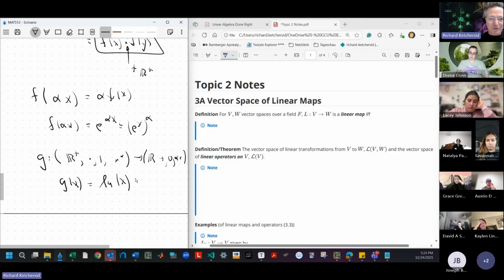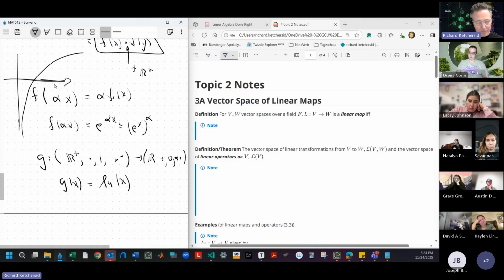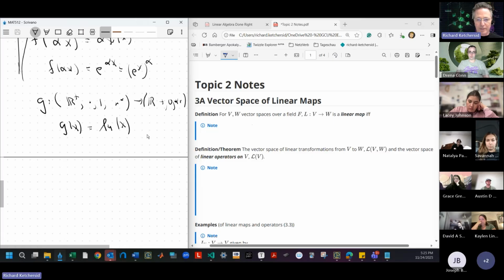So natural log of x will map positive numbers to all real numbers. Think about the graph of natural log. It looks like this sort of thing. So it's mapping this side over here, positive numbers, to all real numbers, and it's the inverse of e to the x. And it satisfies all these same things, with the right sort of notion.